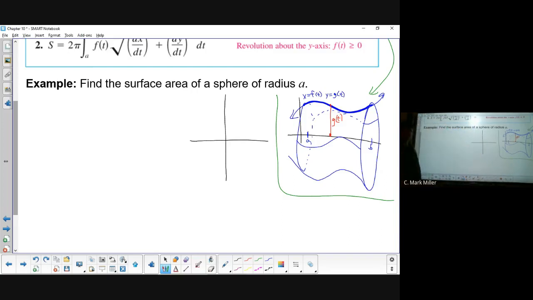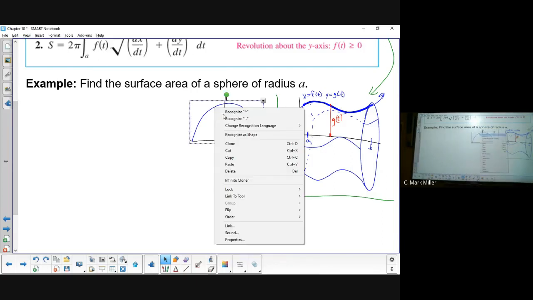So a sphere of radius a, I'm interested in the surface area. I could take this curve and revolve it around the x-axis, and make that bold.